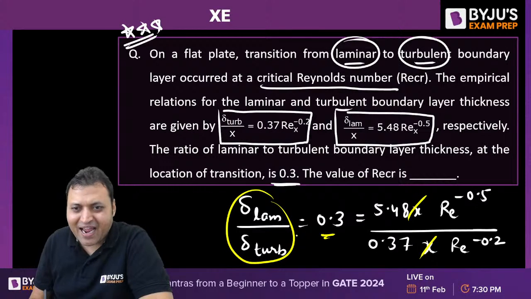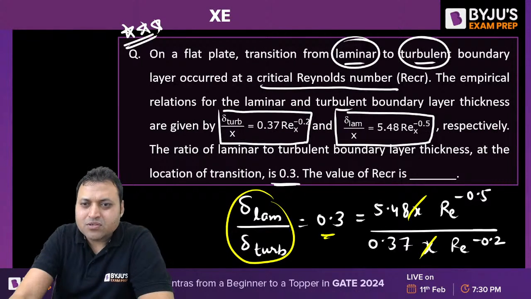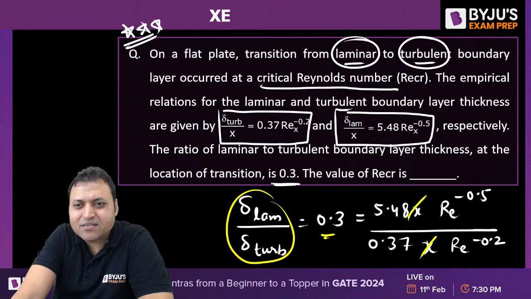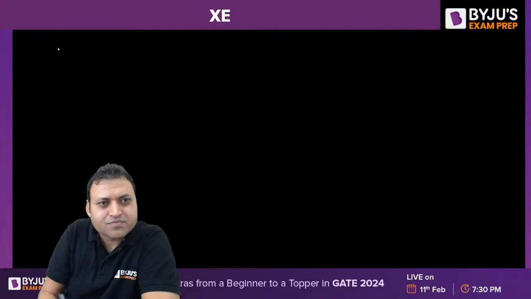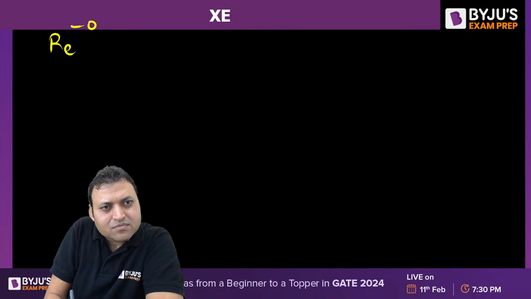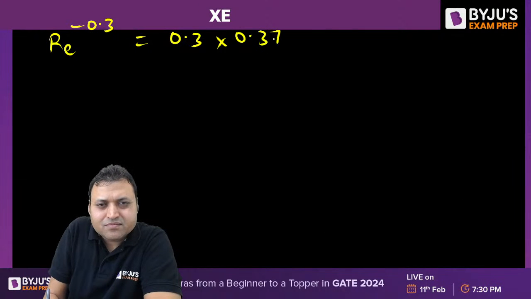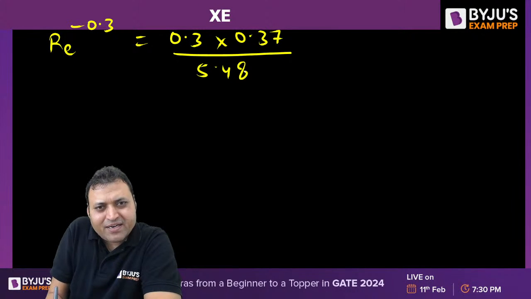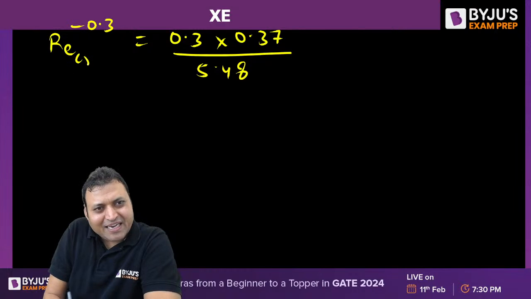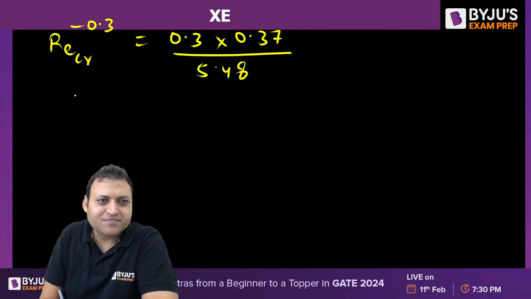So what we can write? Reynolds number to the power minus 0.3 is equal to 0.3 into 0.37 upon 5.48. So this is the critical value of Reynolds number we will be getting.